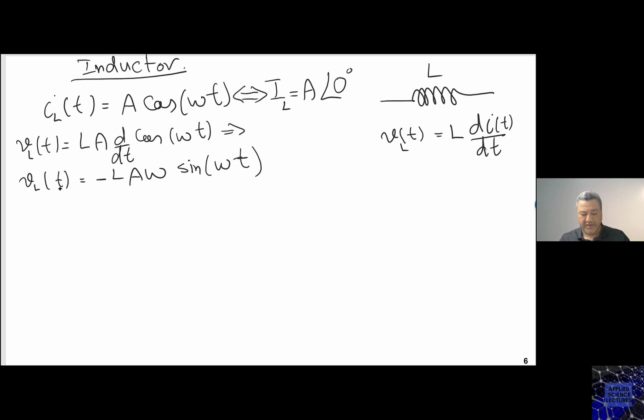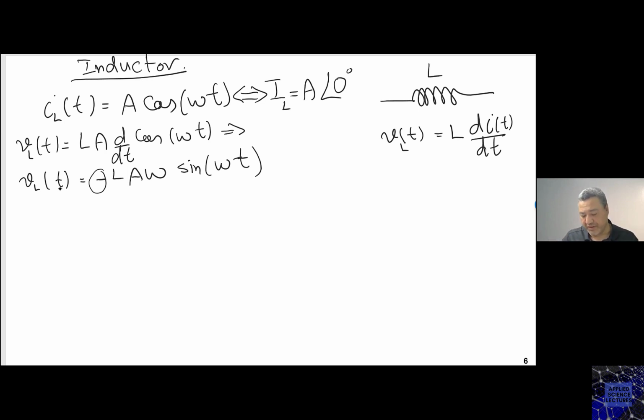So this is the signal after taking the derivative of the cosine omega t. And as you can see here, I have this negative sign that I can get rid of when I convert my sine signal into the cosine, which is the reference that we talked about.